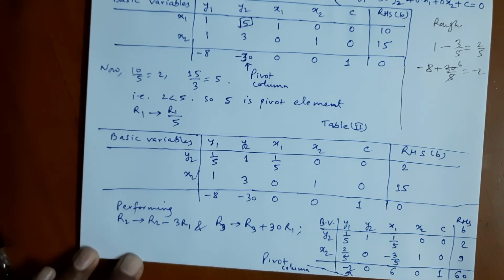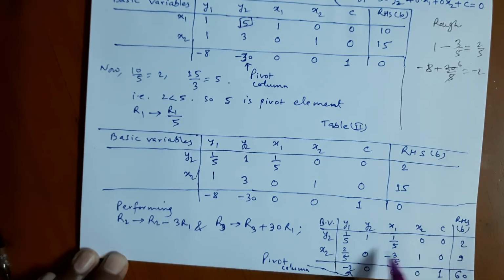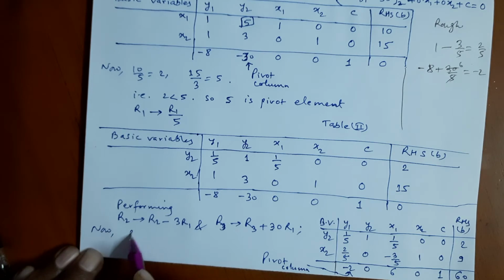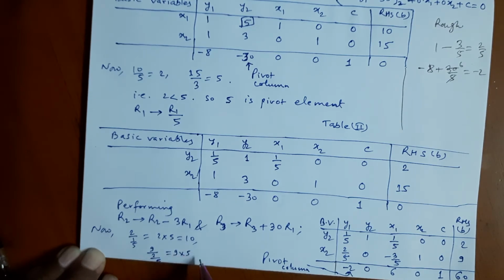And now we divide this RHS by the elements of the pivot column. 2 divided by 1 over 5, that will be 2 times 5, 10, and next to that 9 divided by 2 over 5, that is 9 times 5 over 2, that will be 45 over 2, which is 22.5.